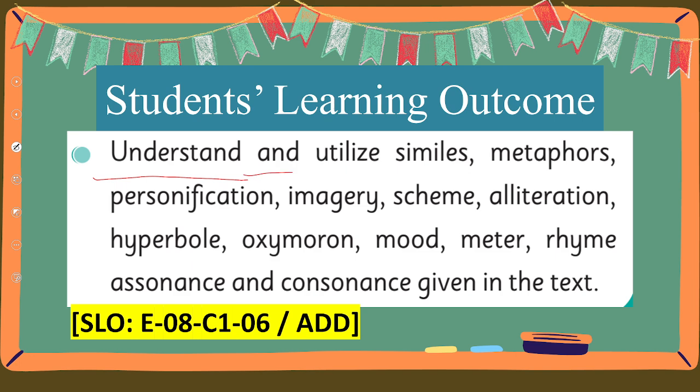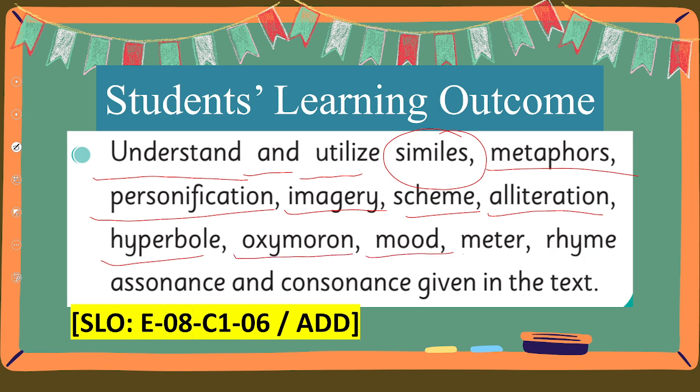Understand and utilize similes, metaphors, personification, imagery scheme, alliteration, hyperbole, oxymoron, mood, meter, rhyme, assonance, and consonants given in the text. And the text is usually a poem which we are studying.